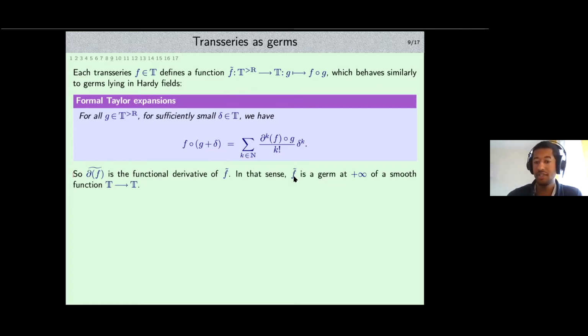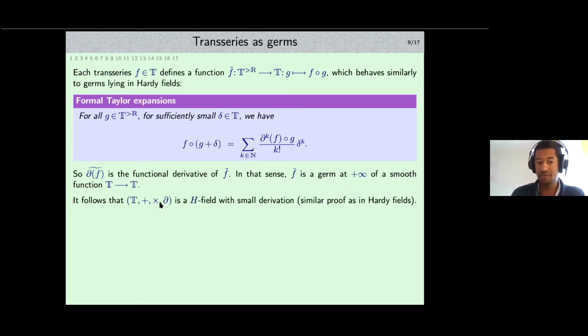And so actually this function is a germ at plus infinity of a smooth function. It's not a real-valued smooth function, but it's close to it. And so using this type of analogy between germs and transseries, you can prove that transseries are an H-field with monotone derivation. So you can do basically the same proof as we did before.